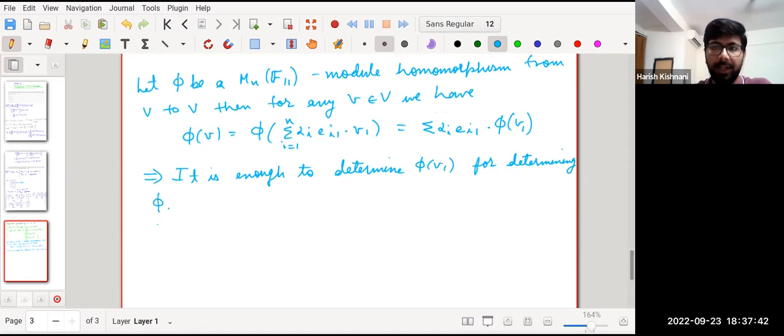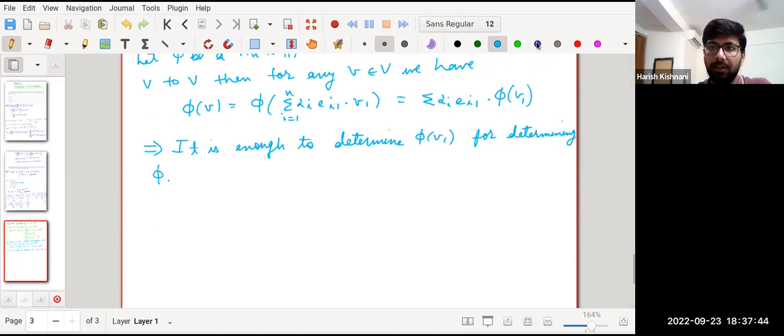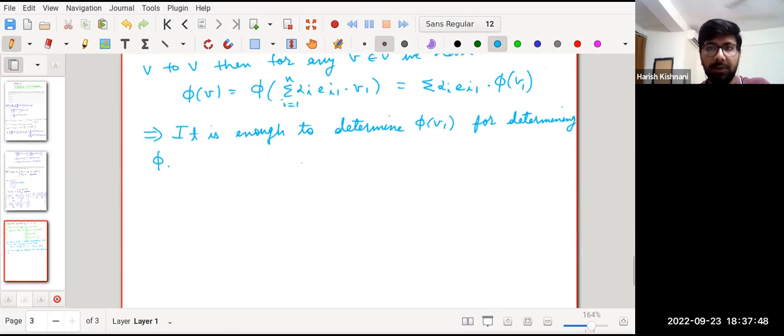Now what your phi of v1 can be, that is the only thing we need to see, and for all possible values of that, we will get a homomorphism and the question will be completed.